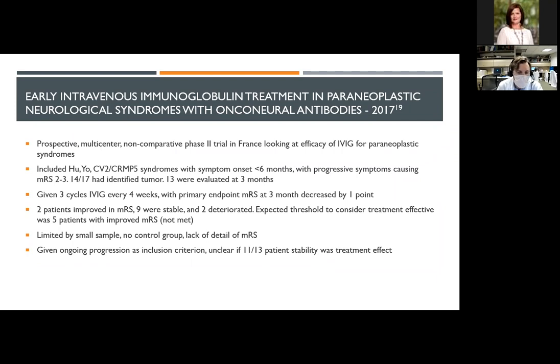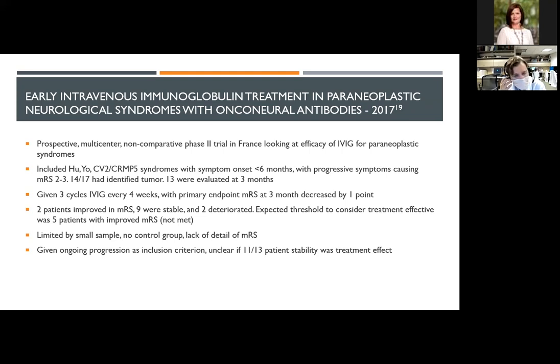So this was another study that looked at just earlier IVIG. We'll go over it briefly. They did look at some T cell mediated disorders with the goal of treating them early on in disease, which was not done in the earlier studies.